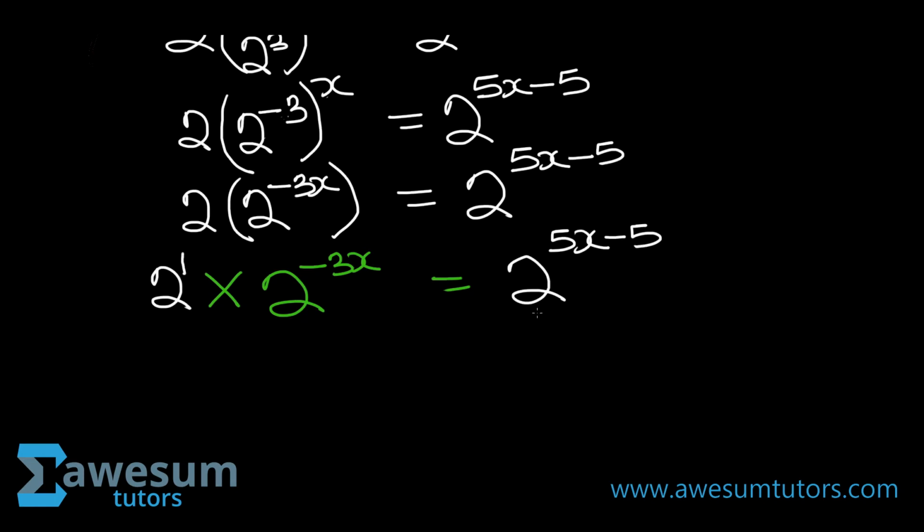So you want to combine these numbers on the left hand side to have just one entity before we can proceed. Now if you remember your multiplication law of indices, this is multiplication, and they have a base of 2. So what you're going to do is combine them and add the powers.